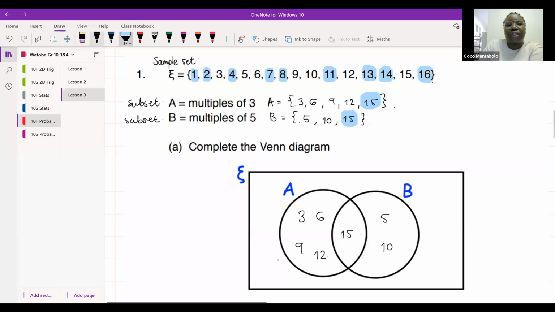Those have to go out into my big rectangle because that's part of the bigger sample set. So 1, 2, 4, 7, 8, 11, 13, 14, and 16.